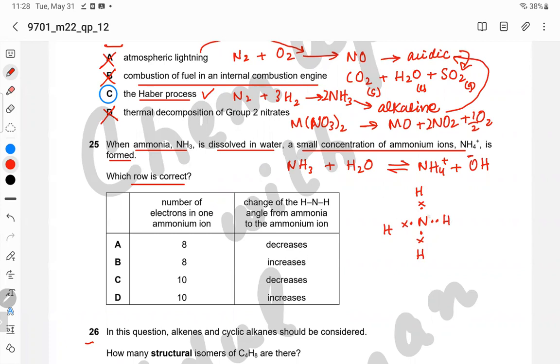But these are the valence shell electrons, and they didn't mention the valence electrons. So if we talk about nitrogen, nitrogen has 7 electrons. There are 3 hydrogen atoms, each with 1 electron, and there is 1 hydrogen ion in the ammonium ion, which has no electron. So in total, we have 10 electrons.